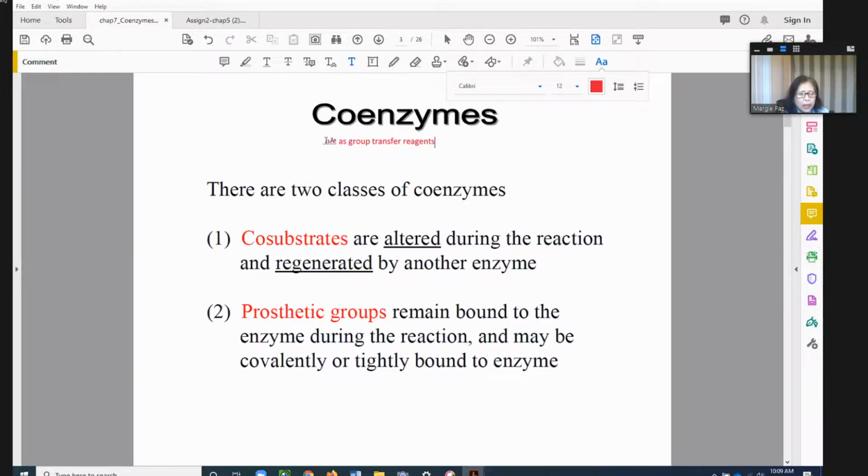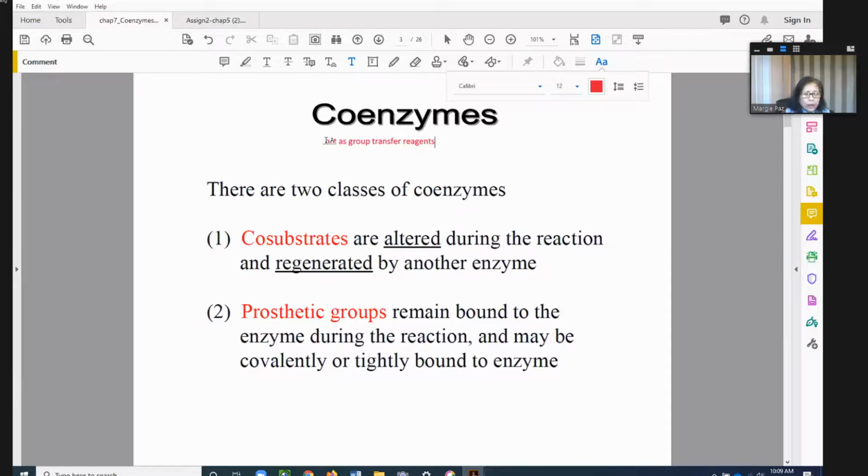There are two classes of coenzymes. Co-substrates are altered during the reaction. They are loosely bound and regenerated by another enzyme.